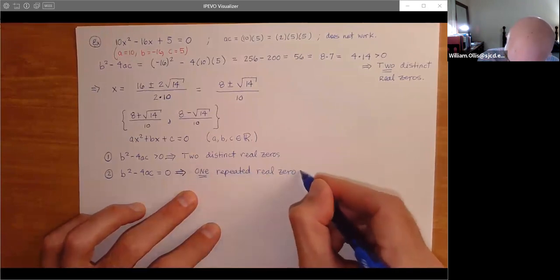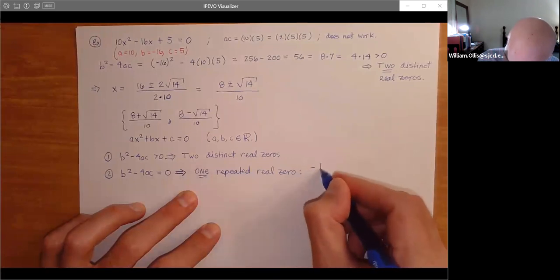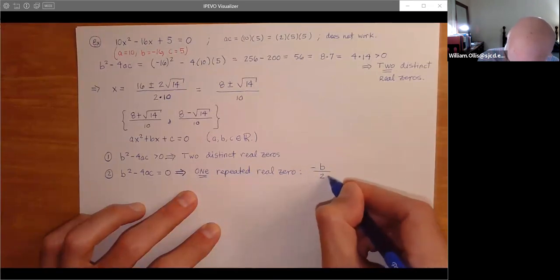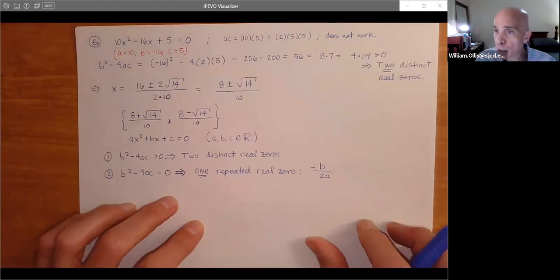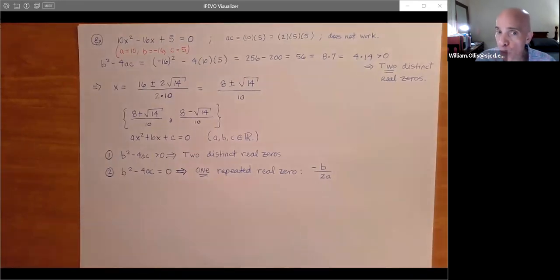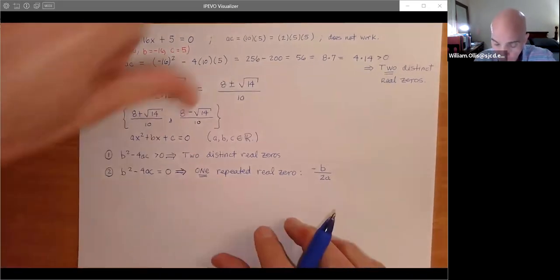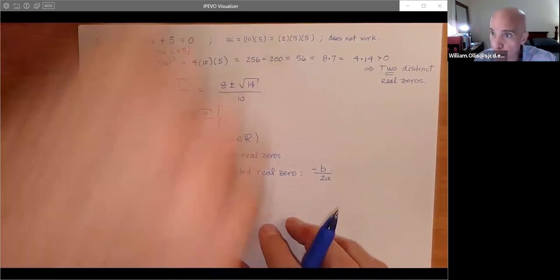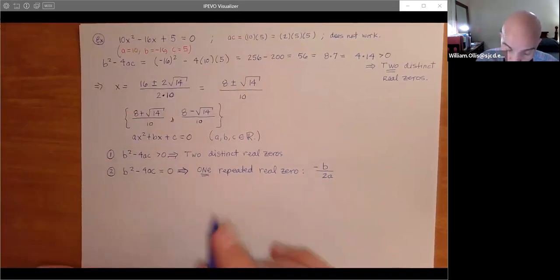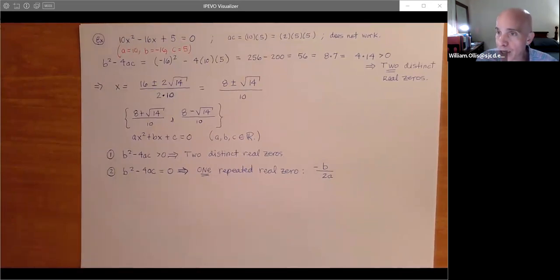And in this case, what is it? It will just be minus b over 2a, because the b squared minus 4ac part is 0. This part would just be the 0, so to speak. So this is where we have 1 repeated real 0. So you'd have, say, x minus 2 quantity squared. It has multiplicity 2, okay?